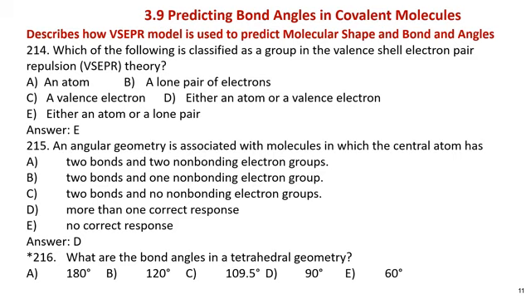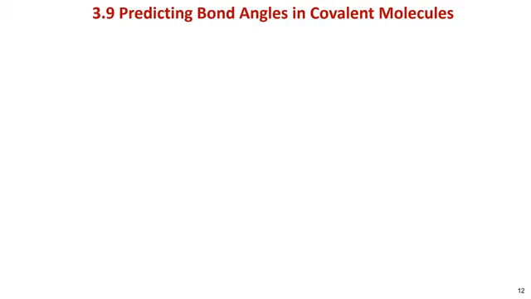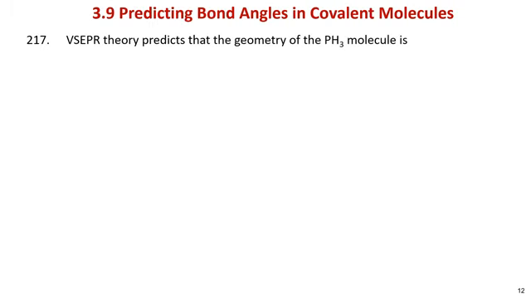Valence shell electron pair repulsion, VSEPR theory, predicts the geometry. Nitrogen is in NH3. PH3 is in the same group, therefore the same Lewis structure.